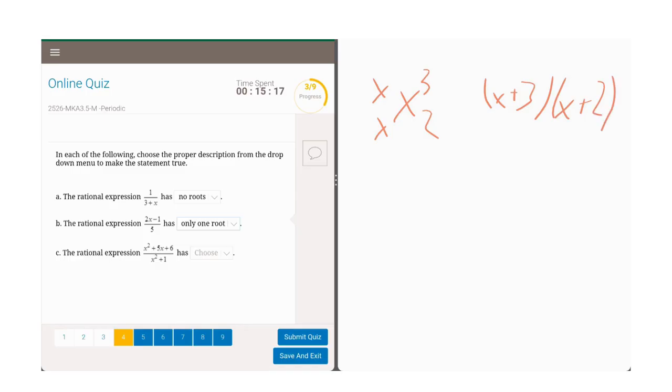Here we don't need to solve it when you have two blocks multiplying each other with x, then that's not the number of roots that they have. So here we have two roots, so it's more than one, so you put more than one root.